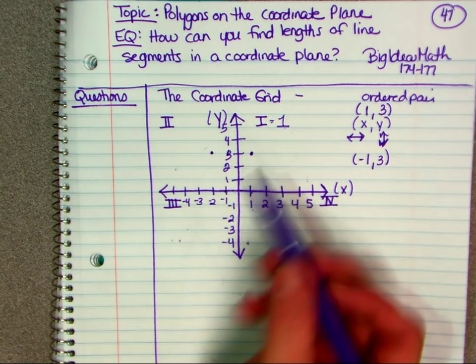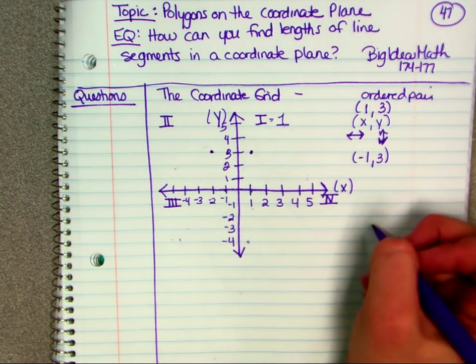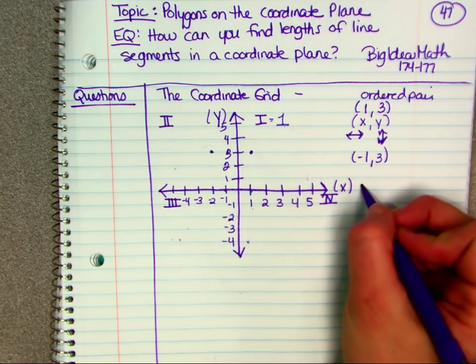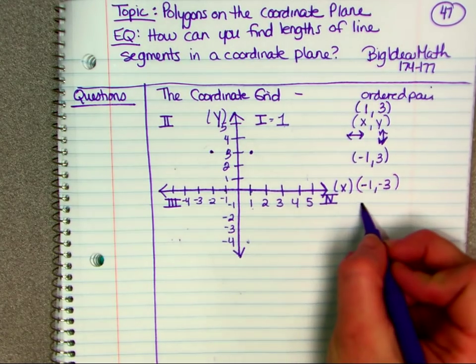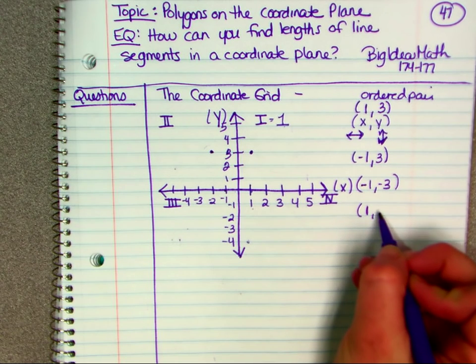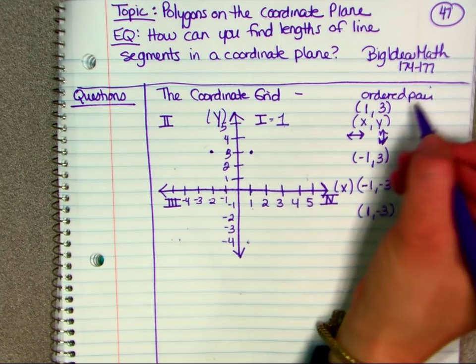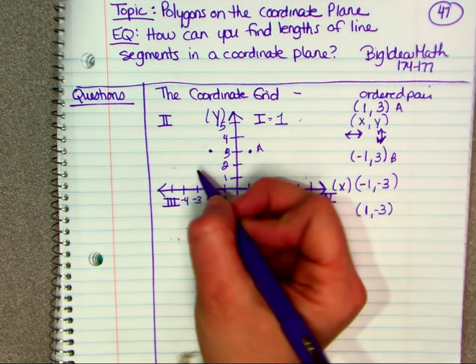Now, we can also do -1, -3, and we could have 1, -3. Let's list those. Let's call this one A. That would be here. Let's call this B here.